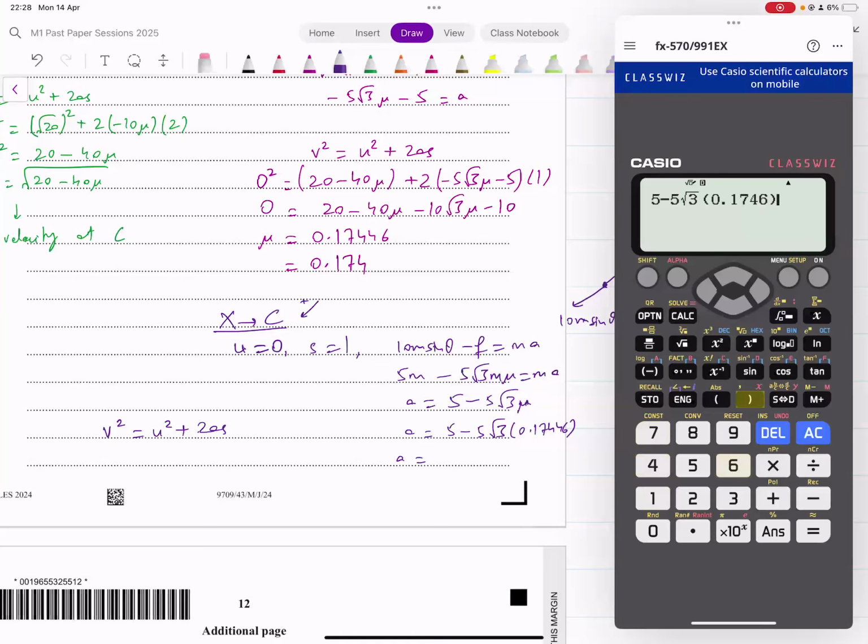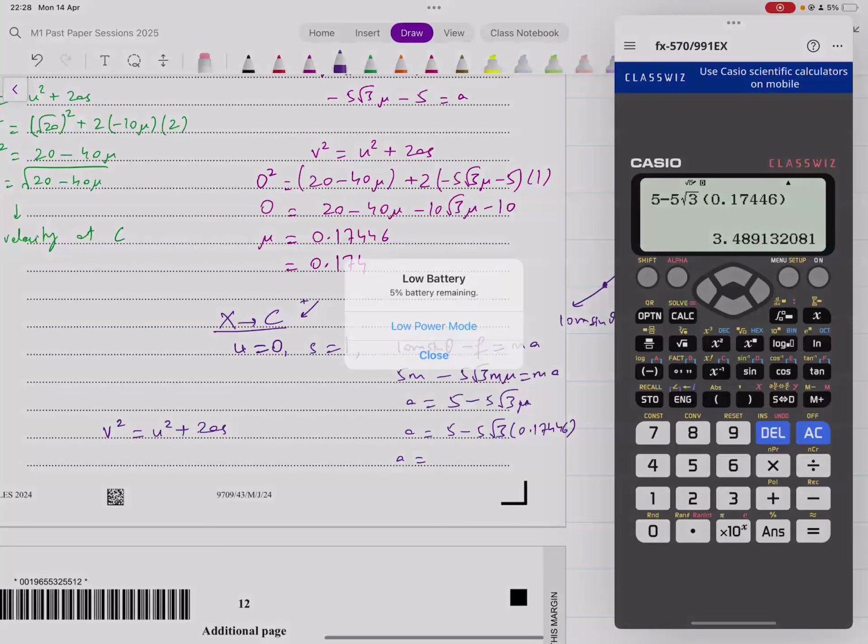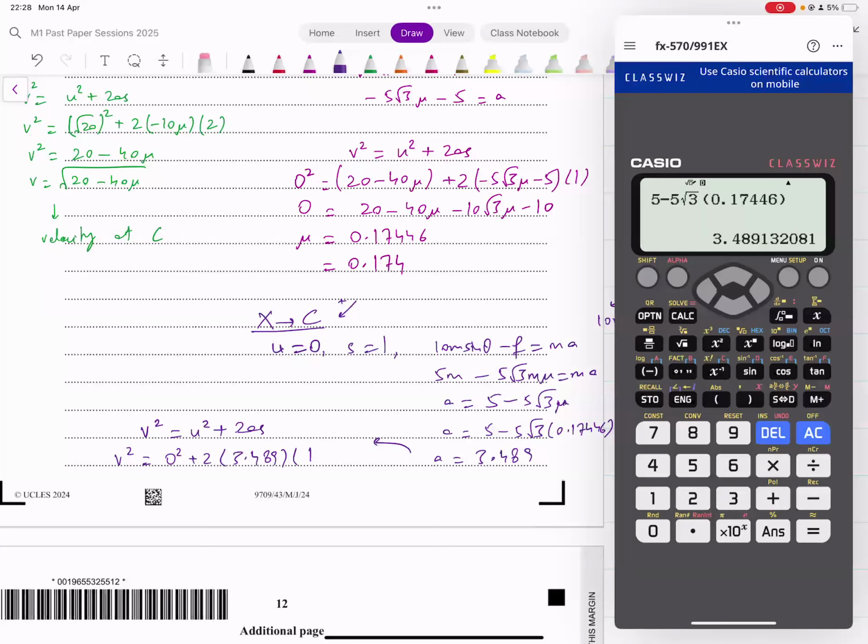Acceleration turns out to be 3.49. You input this value there now, 2 into this and then square root of that. And that's 2.64. That is what we were looking for, the final velocity that we get.